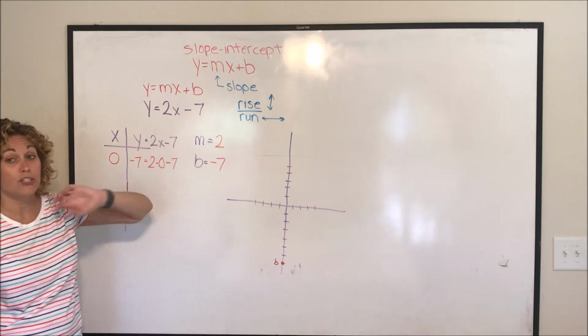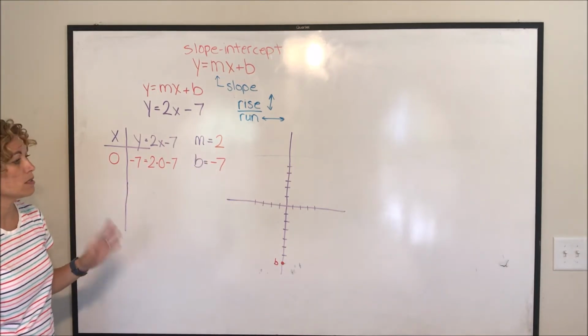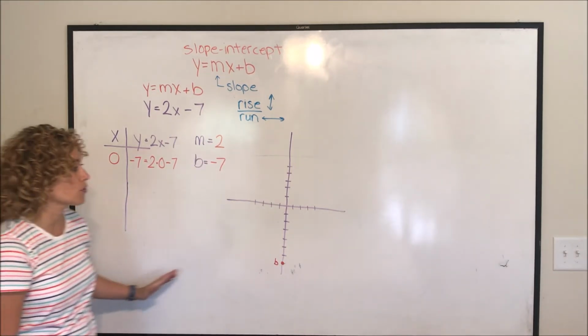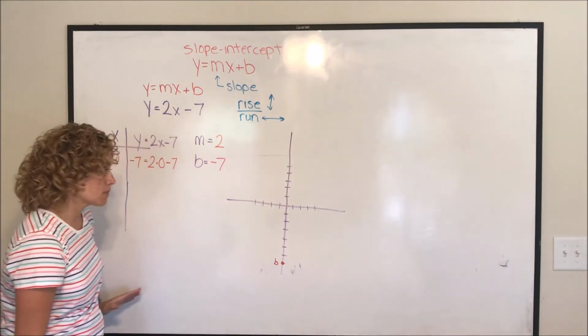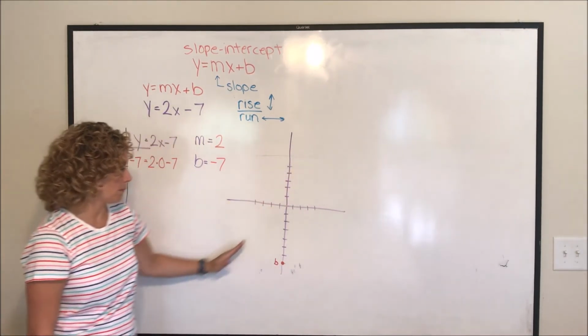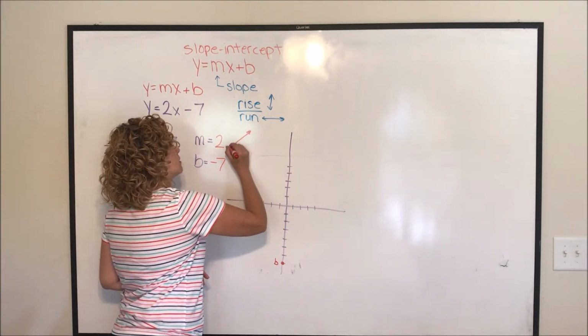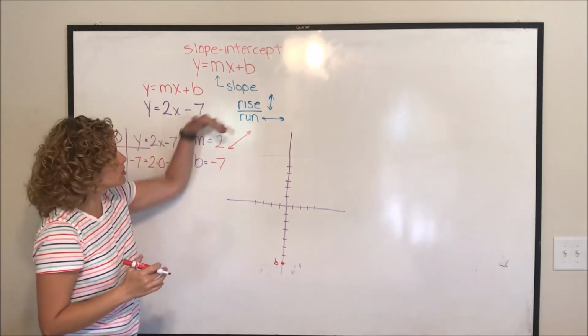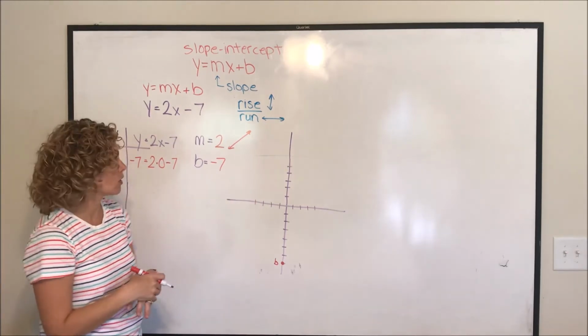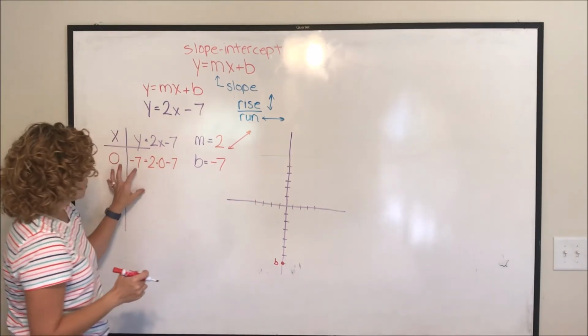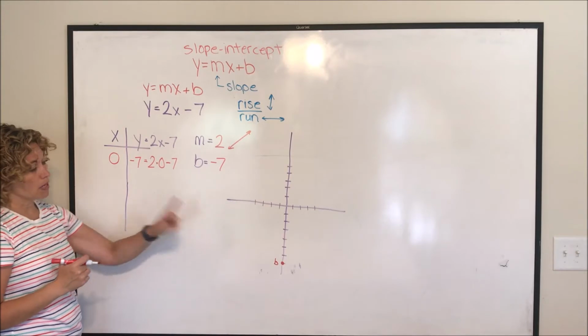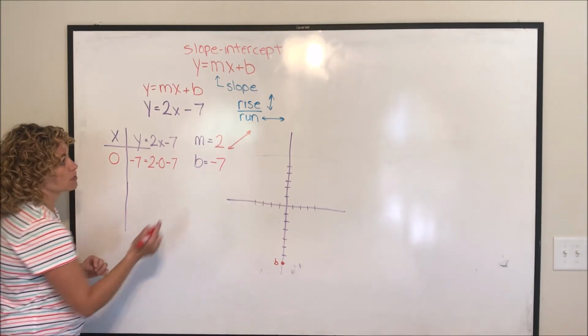This is a positive 2 for your slope, which means it is positive, which means it's going to go uphill. So I'm expecting my line to look something like that. Okay, so if it goes the other direction, you know you've done something wrong also. You can go ahead and put numbers in, but I'm going to do this by slope intercept.